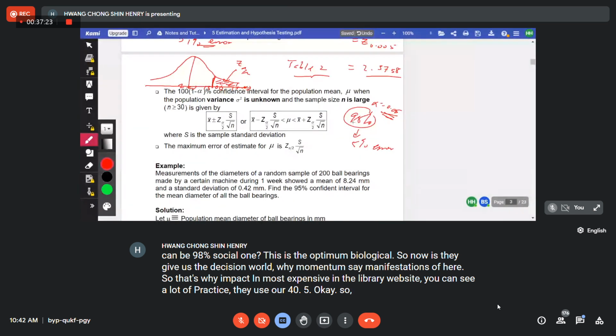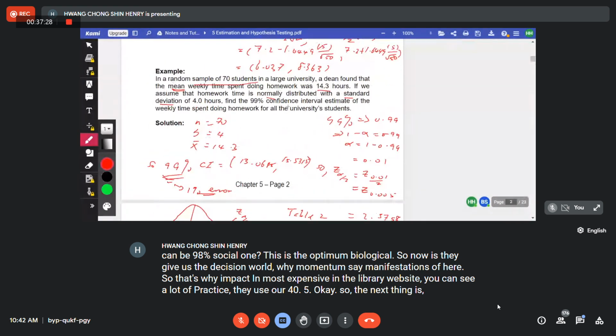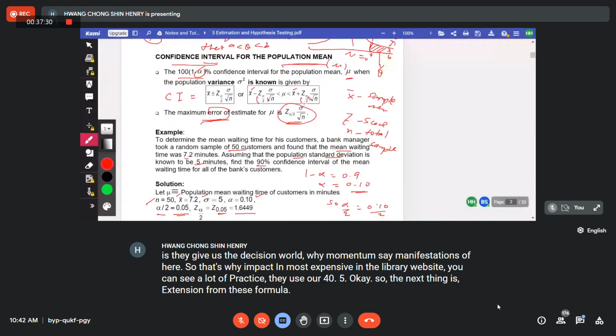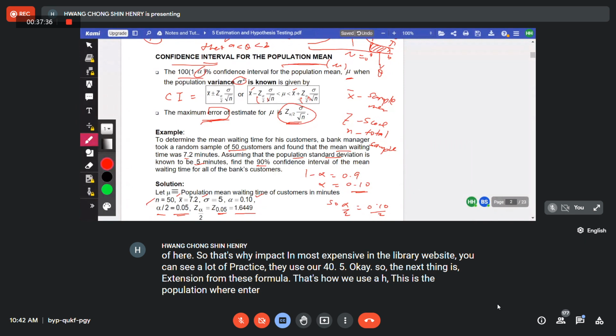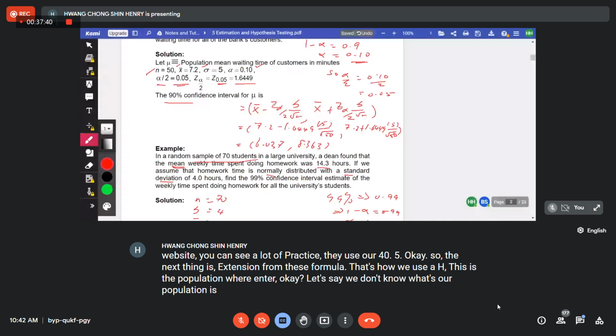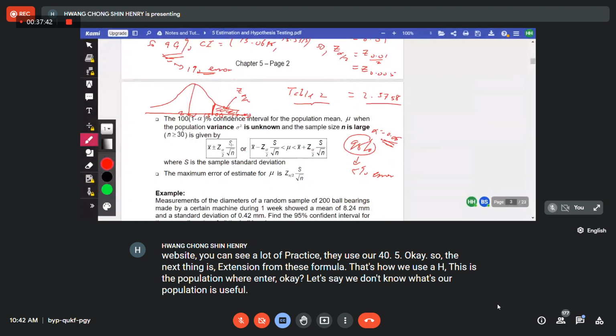So, the next thing is an extension from this formula. Just now we used sigma, the population variance, right? Let's say we don't know the population variance. We use S for an unknown.